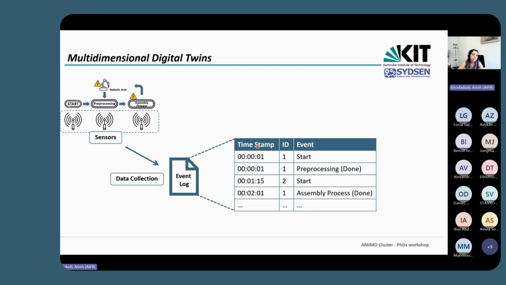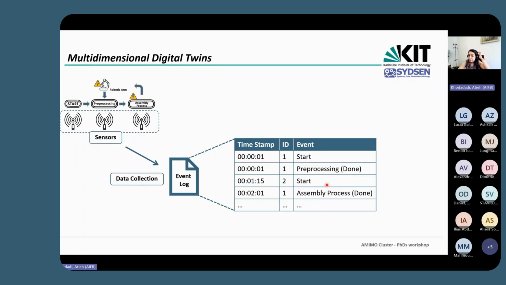From these IDs, events, and timestamps, you can do process mining and extract the process flow. First is a start, then pre-processing, then the assembly process, and it's done. And then we have the schema of the processes.